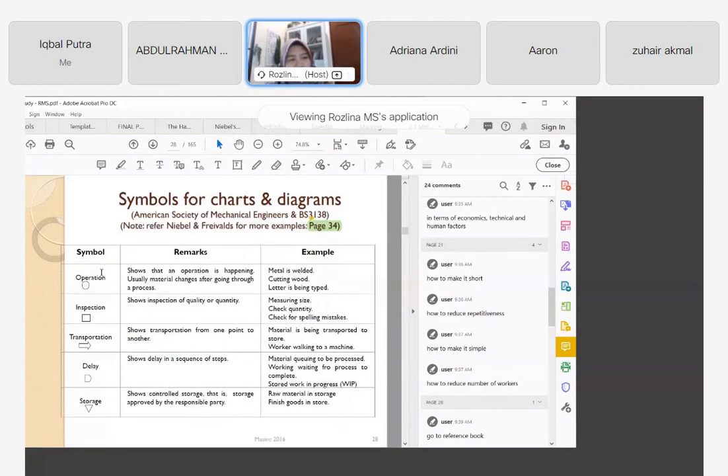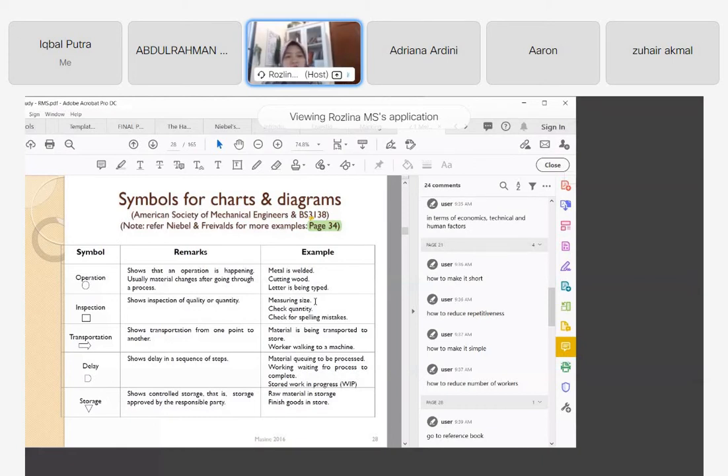They use these symbols. The circle one is operation. It shows that an operation is happening. Usually the material changes after going through a process. For example, when metal is welded, you can tell by looking at the verb.